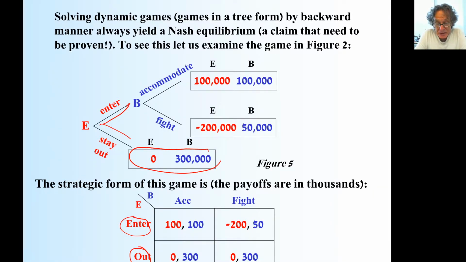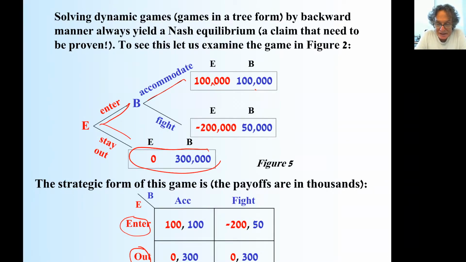So even if B decided to accommodate E or to fight E, if E doesn't enter, then she doesn't implement her strategy, and therefore E gets 0 and B gets 300,000. However, if E enters and B accommodates, 100 and 100, and if she fights, then negative 250.